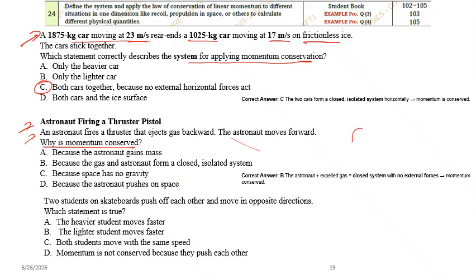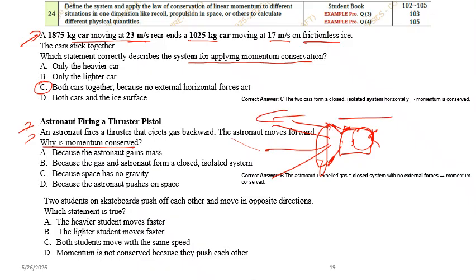Understand the situation clearly. Over here we have an astronaut, firing gas. Let me call this the astronaut engine. They are sending fumes or gas outside, and the astronaut will be moving forward.